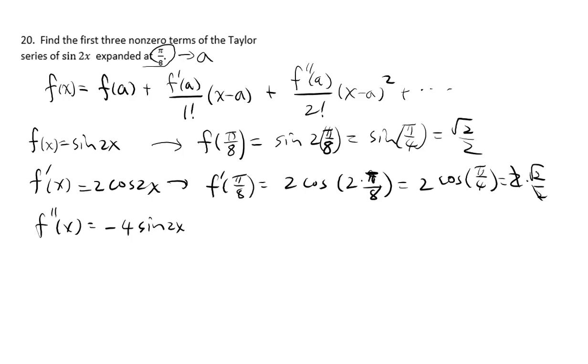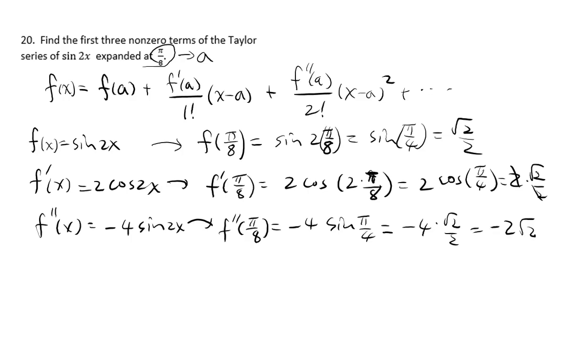The 2s cancel, and you get radical 2. And this one here, f double prime of pi/8, is negative 4 times sine of 2 times pi/8, which is pi/4. And since sine pi/4 is radical 2/2, you get negative 4 times radical 2/2, and 4 divided by 2 is 2, so it's negative 2 radical 2. And we are almost done.